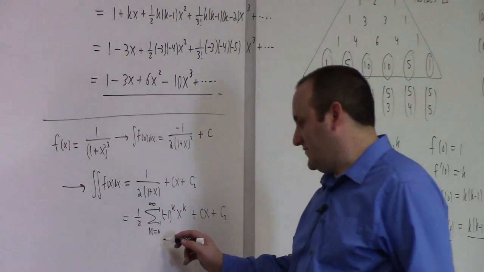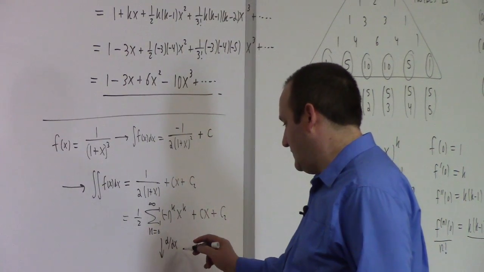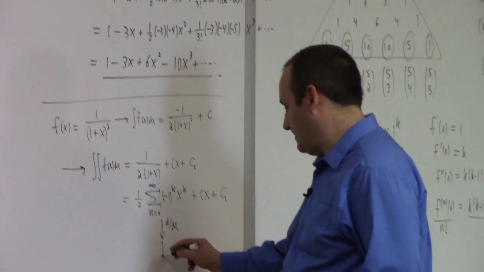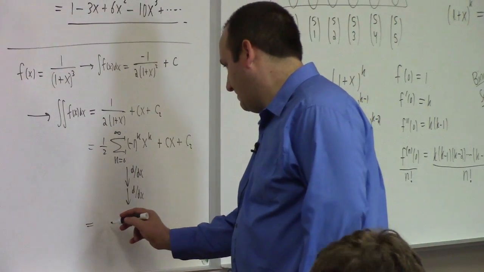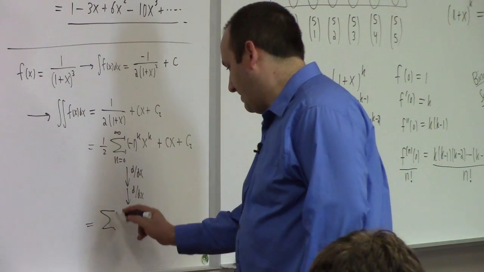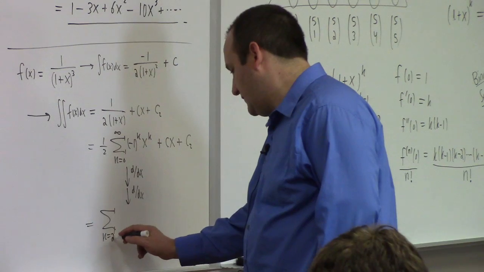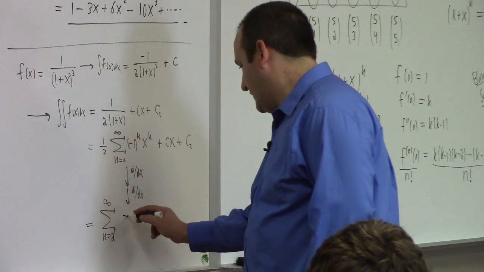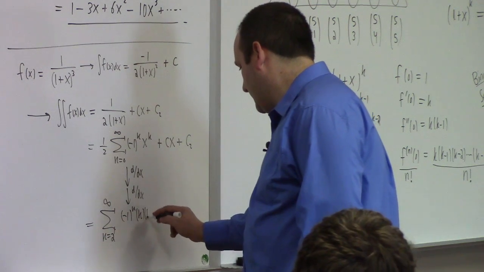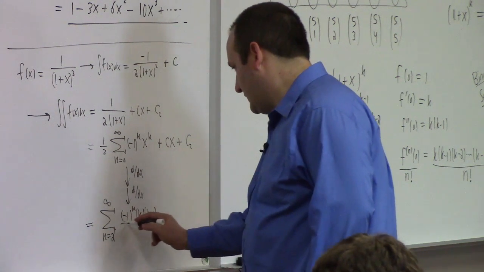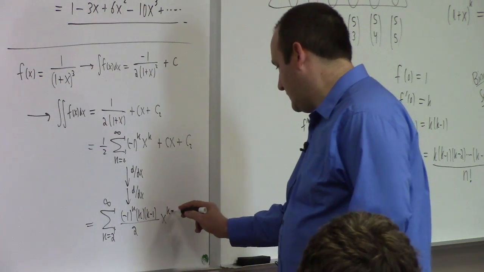And then I have to do what? Differentiate two times. Differentiating twice gets me to the sum k equals 2 to infinity, minus 1 to the k, I've got a k times k minus 1 divided by 2, x to the k minus 2.